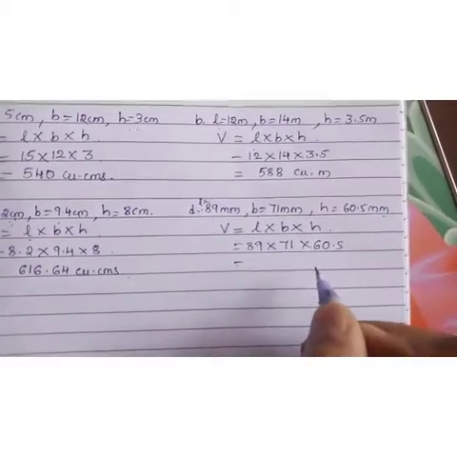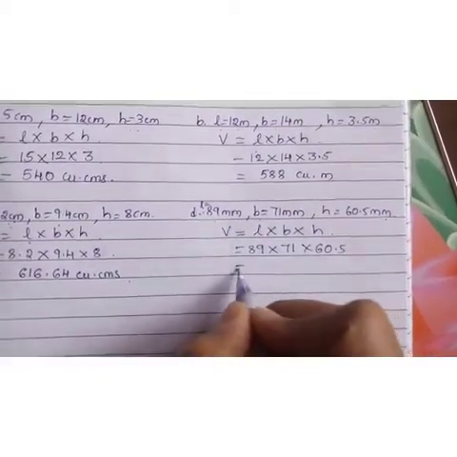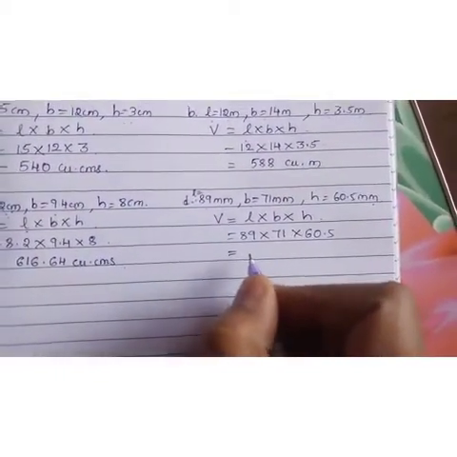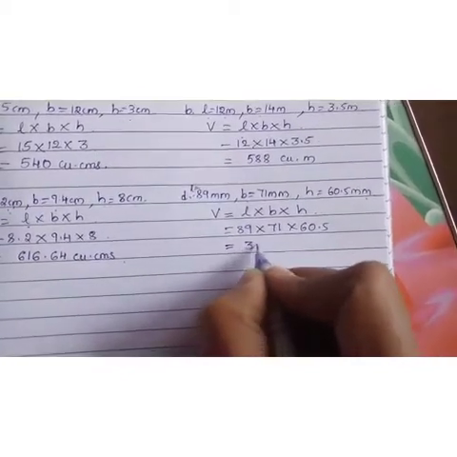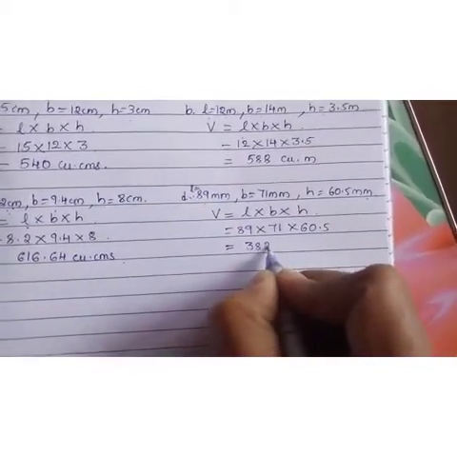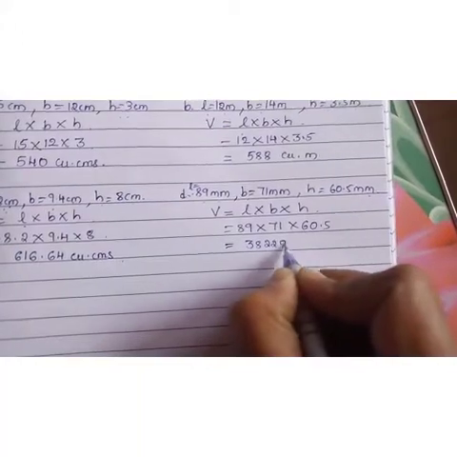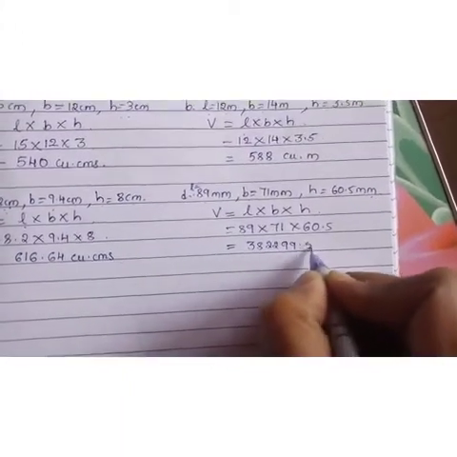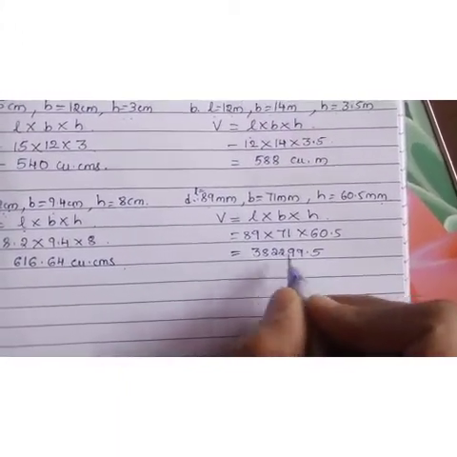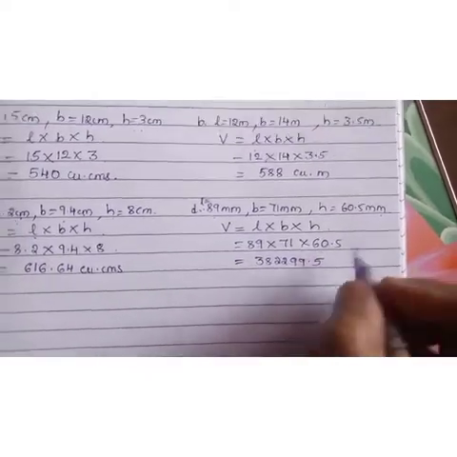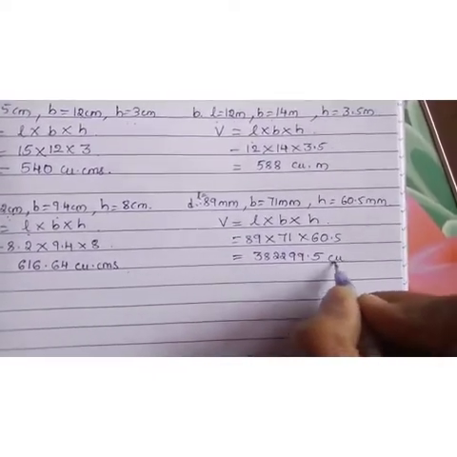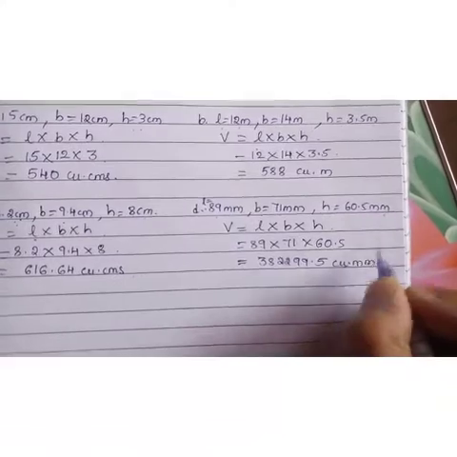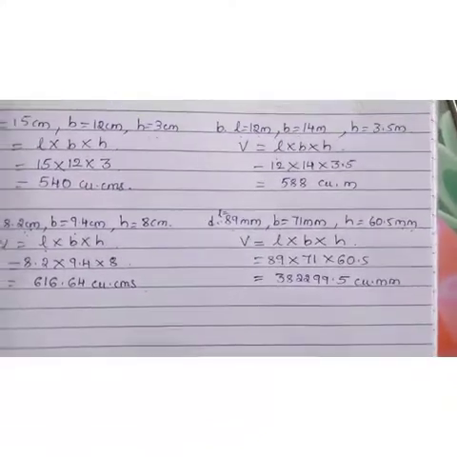Again multiply these 3. When you multiply, you get the answer 3822299.5. So this will be the answer when you multiply all these 3 numbers and write the unit as cubic millimeter, this unit. Is it clear?